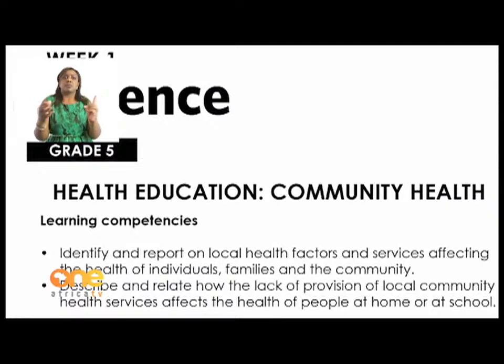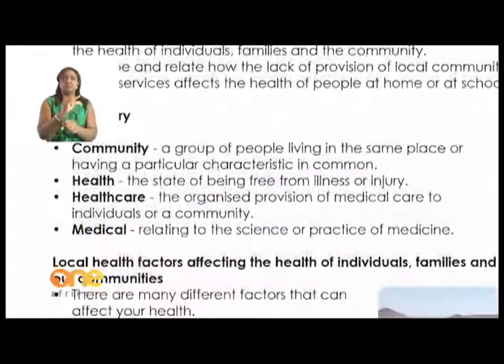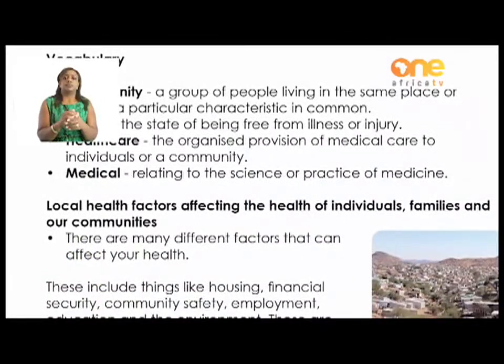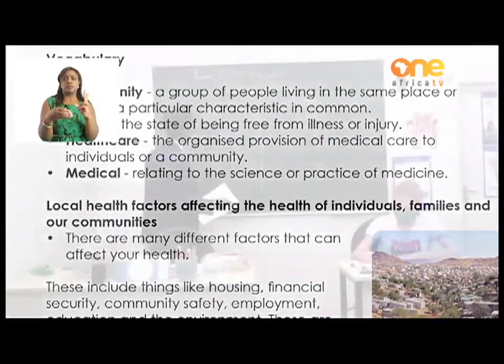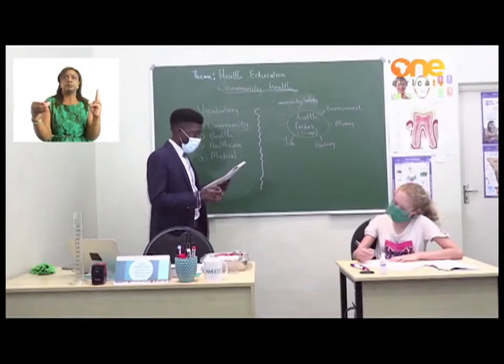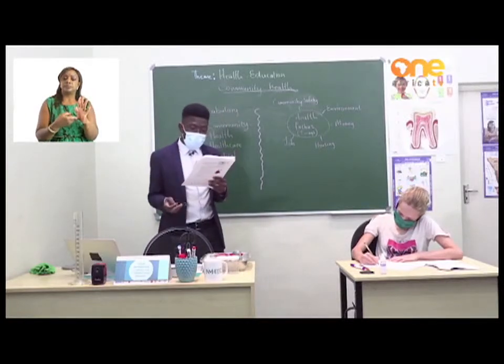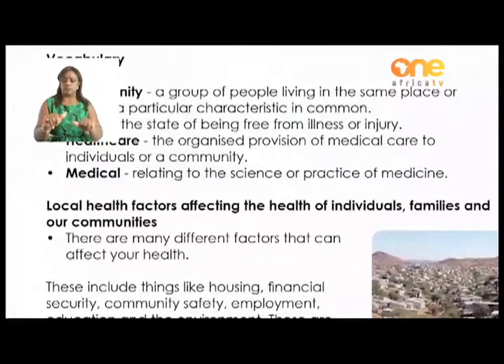at school. Right. To understand our basic competencies, we'll begin by pinpointing or picking out the difficult terms that we might have problems with. We'll begin with the term community. Right. It says here, a group of people living in the same place or having a particular characteristic in common. Right. What does this mean?